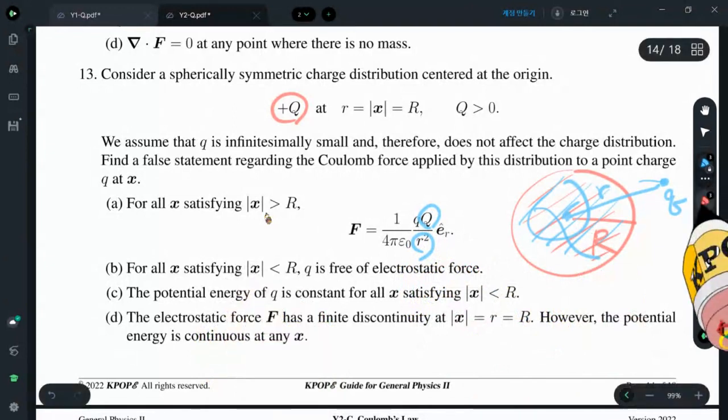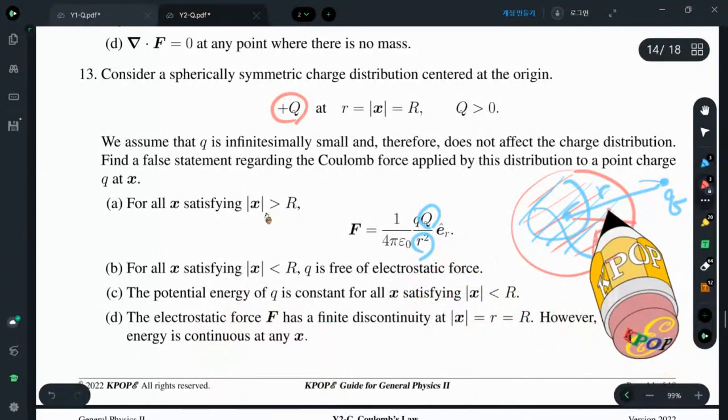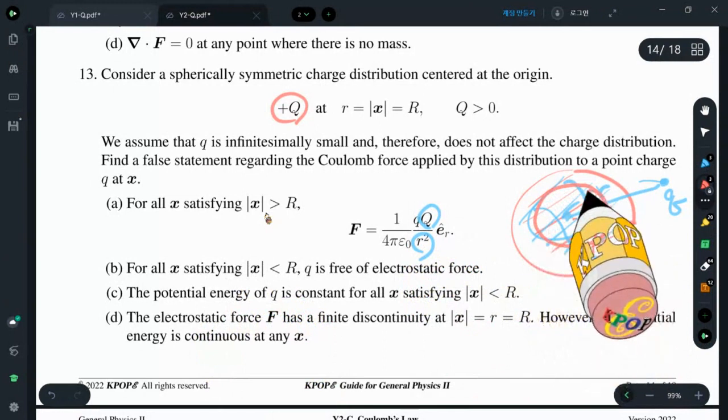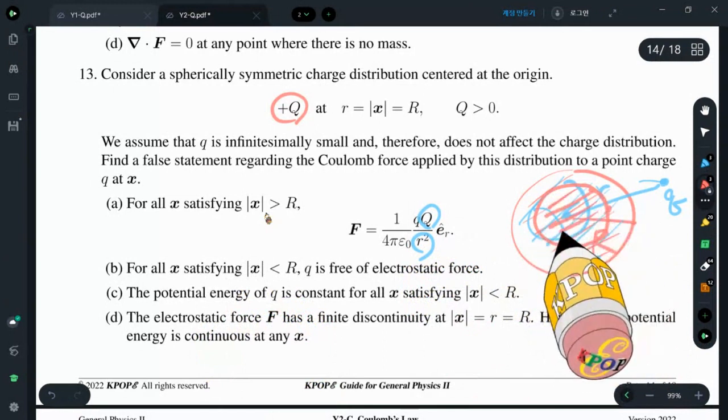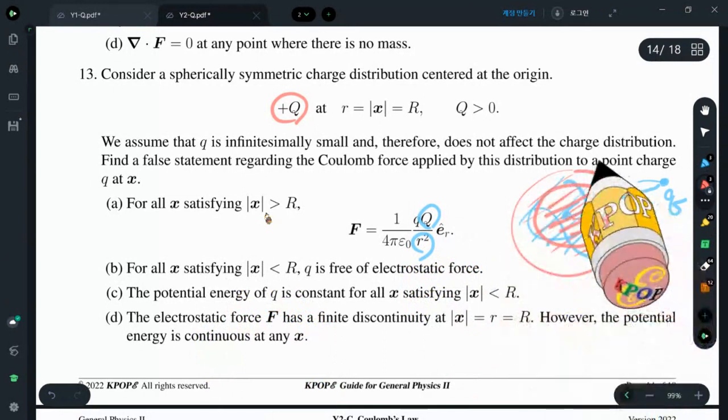If x is smaller than radius, then what we have to consider is the charge q should be this, not the whole amount.